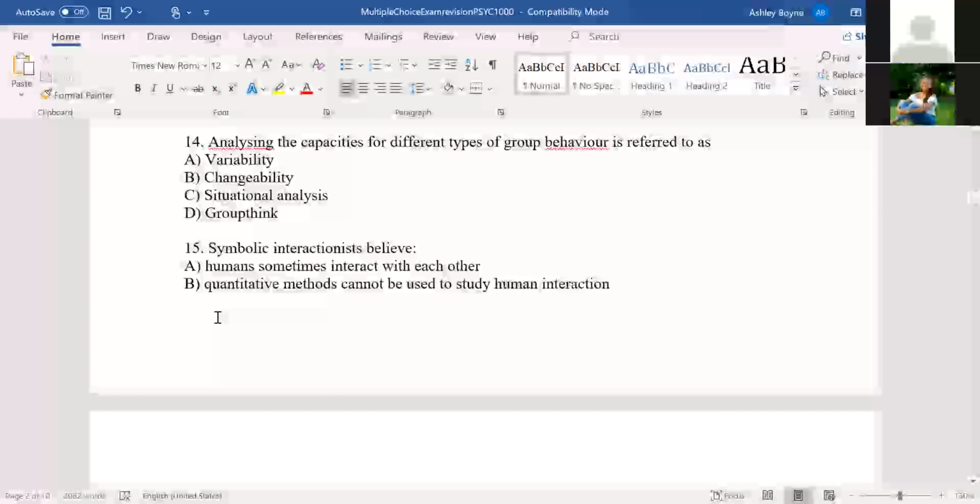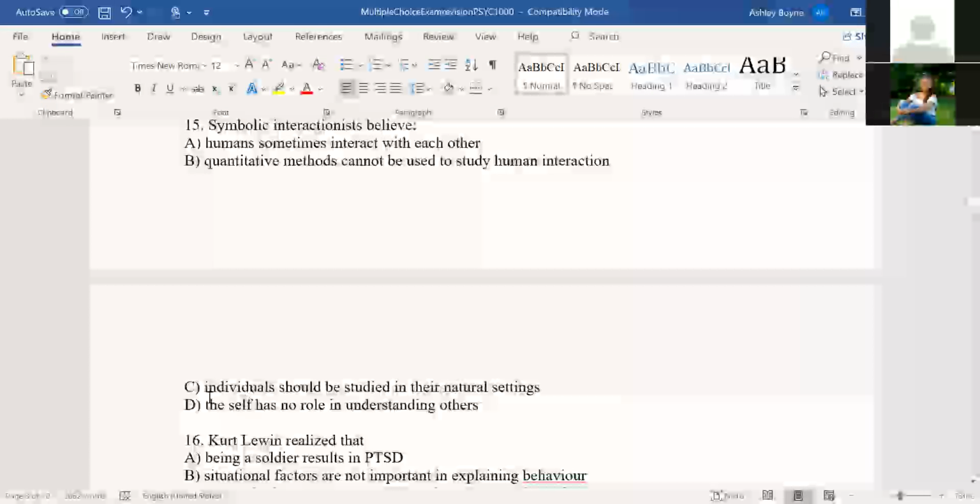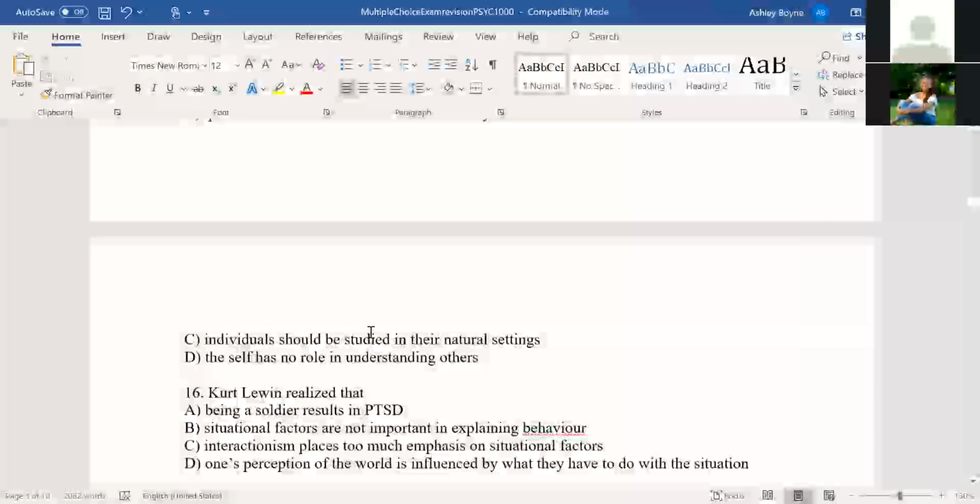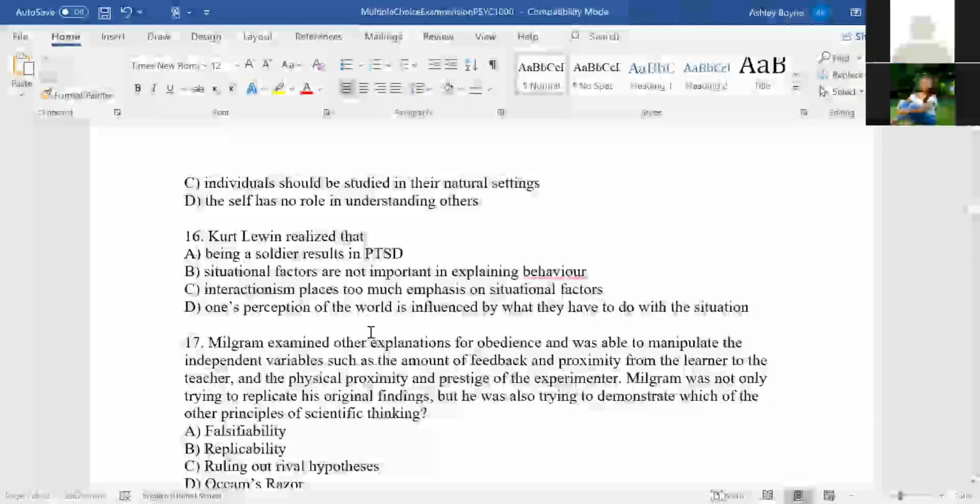And it's more likely to happen if groups are cohesive, they all like each other, or they all kind of think the same way. And if there are constraints, like there are stressors on the group to make a decision.